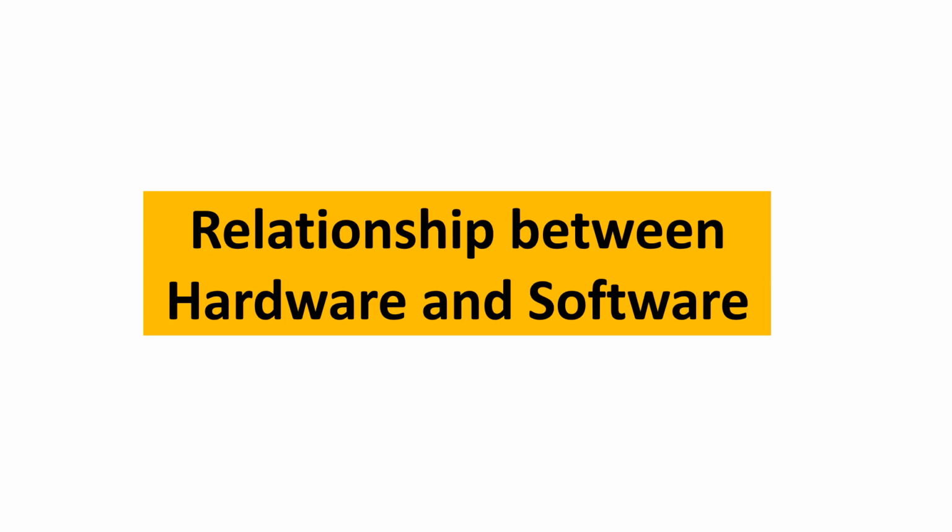But if you don't have a keyboard, if you don't have a mouse in your hand, how can you type? There is no way for you to type, right? So to use the application software, we need hardware. So that is the relationship.